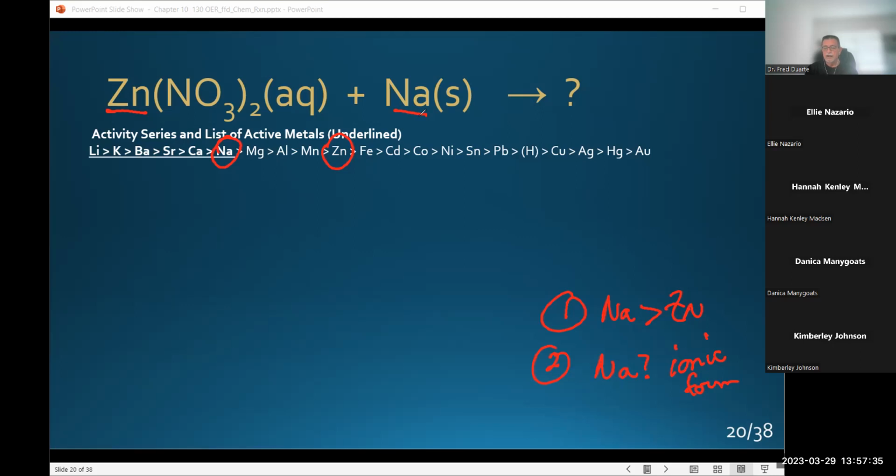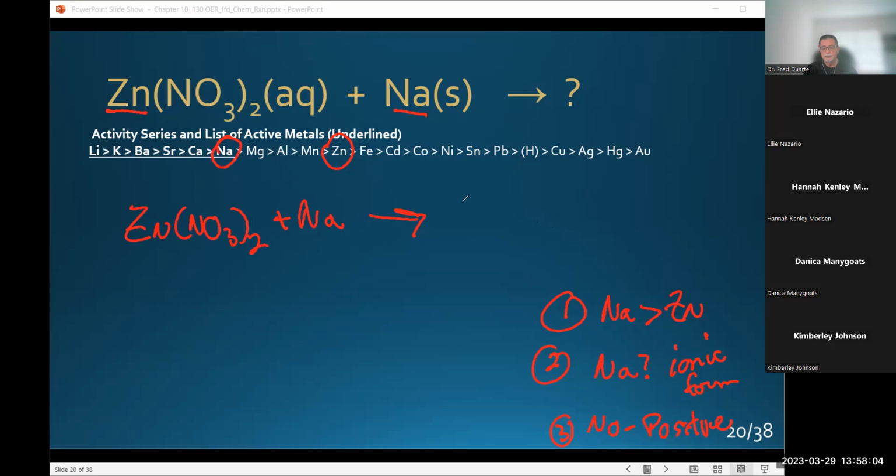So what's going to happen is they're going to exchange partners. So we've got zinc nitrate, okay, plus sodium. If the answer is no, we get a positive reaction. In this case, the answer is no, so we're going to have an exchange.